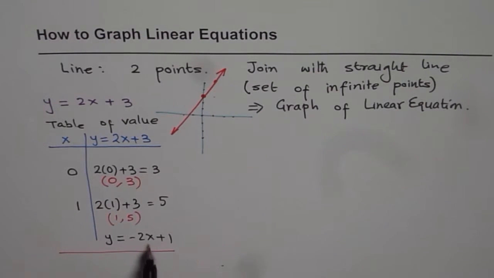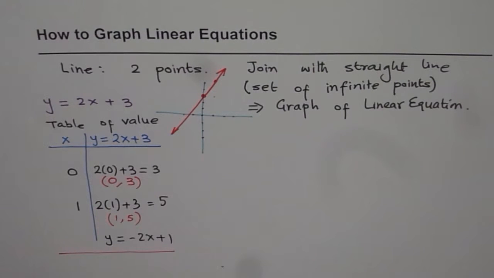Basically, you'll take a couple of points for x values, whatever, 0 is always a good value, and then take some other point. Another x value, calculate y, plot it on the graph. So that is how you can graph a linear equation from a table of values.